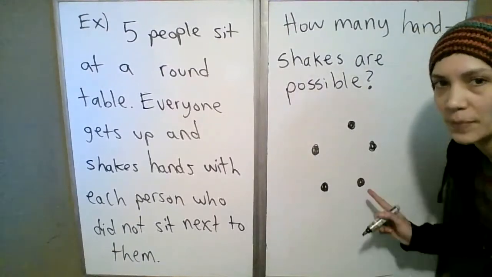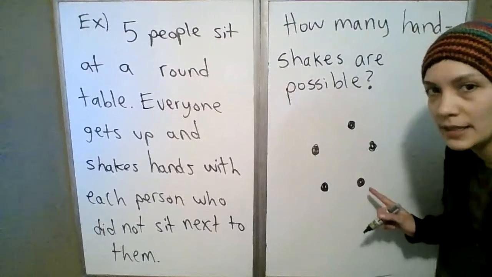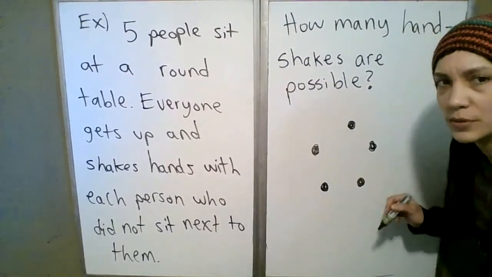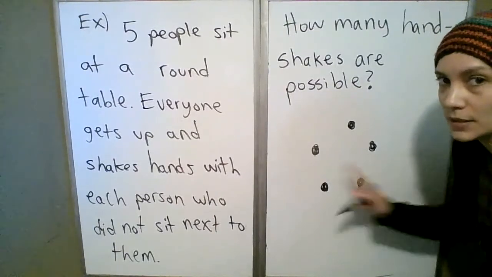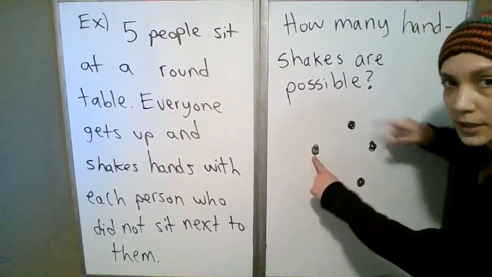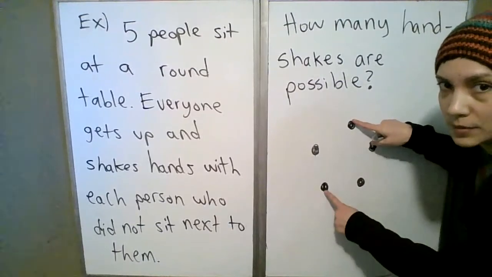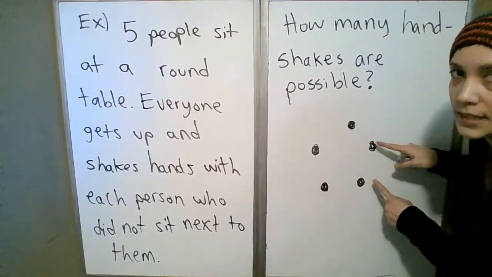Okay, these are my people, all 5. Then each person shakes hands with people who did not sit next to them. So this person does not want to meet either of these people, but does say hi to the other 2.